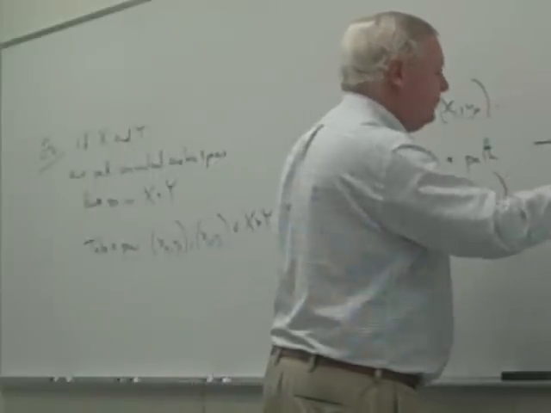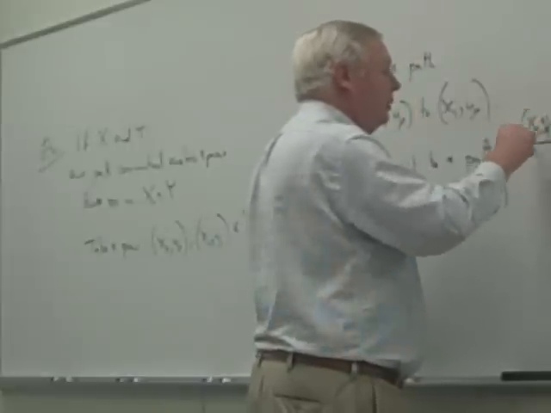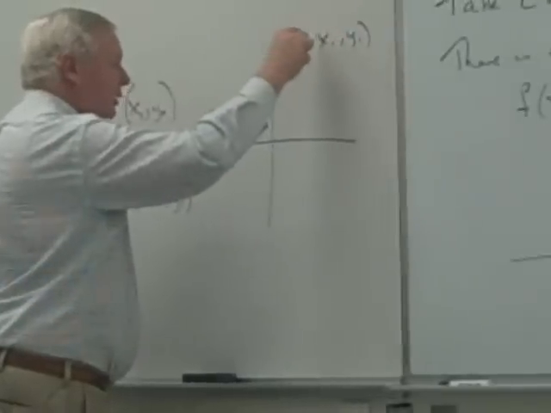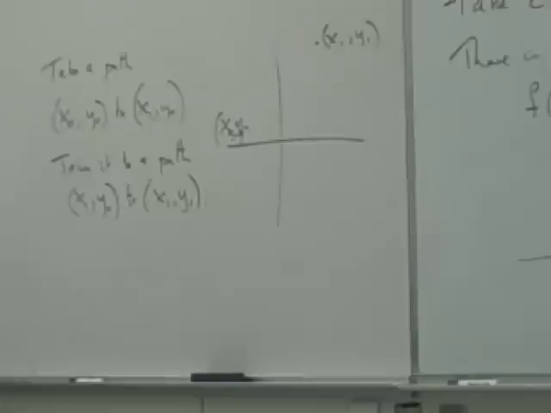So the picture is this. Here's (x0, y0). Here's (x1, y1). And basically, the path connectedness of the two components says that we can move horizontally and we can move vertically with the path.